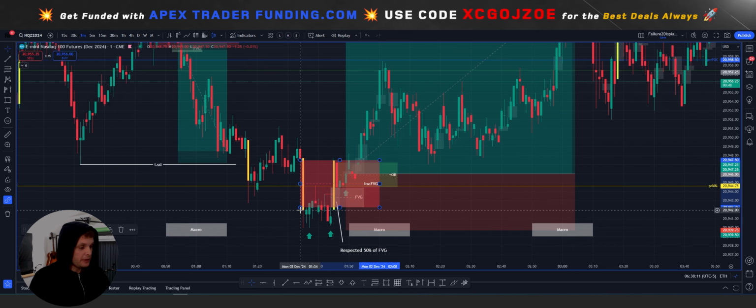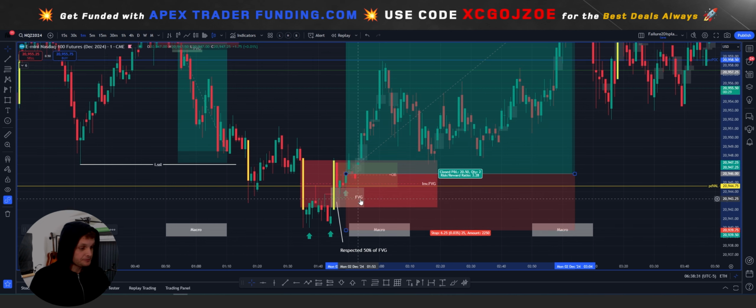We can confirm this big bearish fair value gap as an inversion fair value gap. We can see it acted as resistance. Initially, we were respecting the 50% mark, and then we had this large bullish displacement back into the range, closing over the bearish fair value gap. Confirms it as an inversion fair value gap.